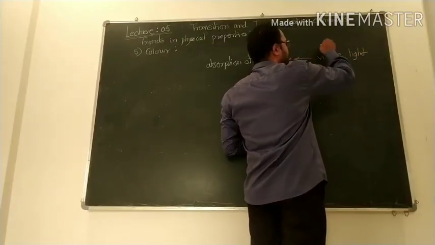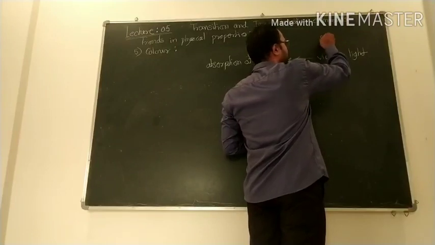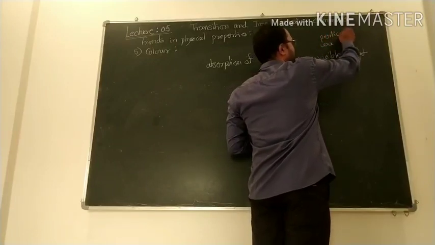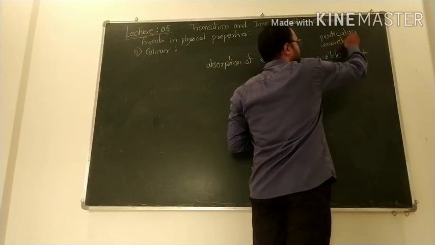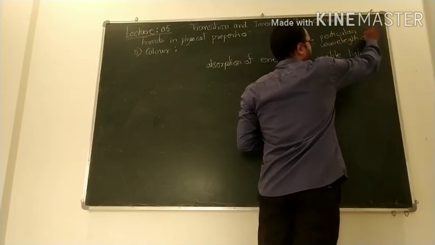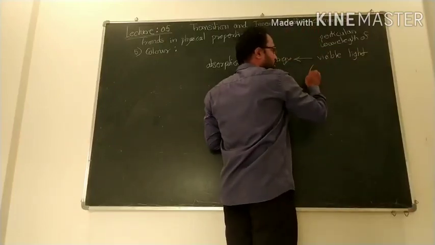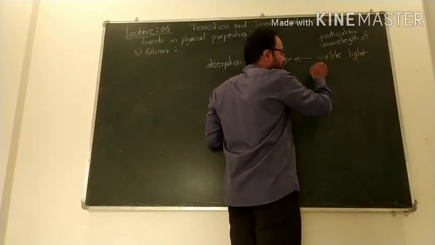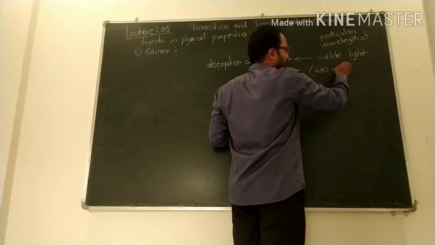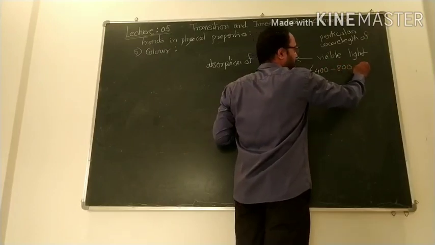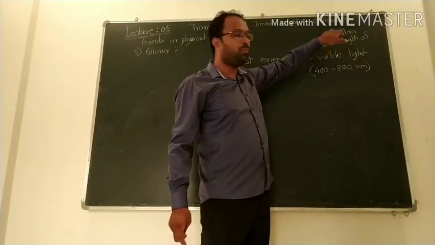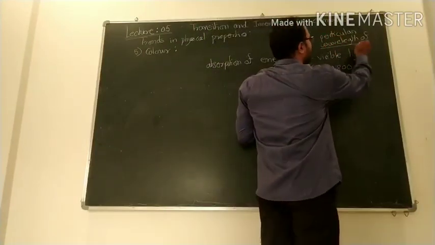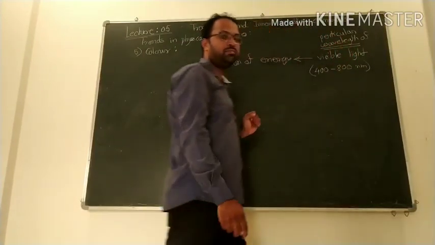And visible light means a particular wavelength of visible light. Wavelength of visible light ranges from 400 to 800 nanometers. So here the important part is the wavelength of visible light.